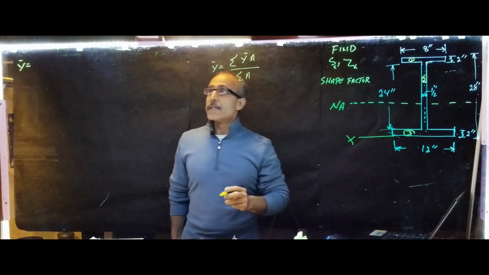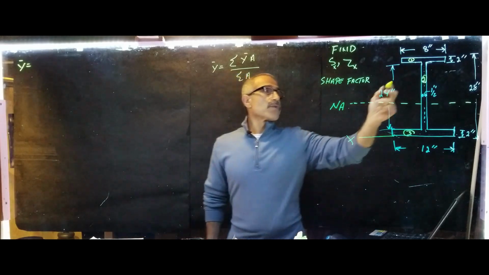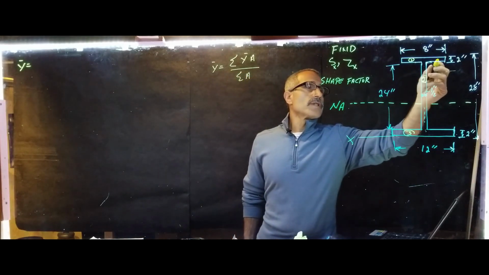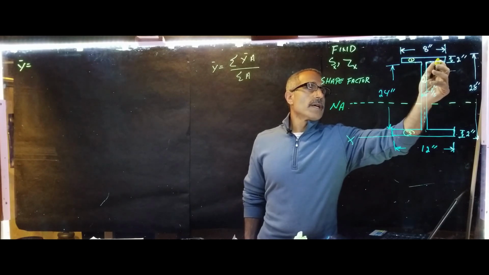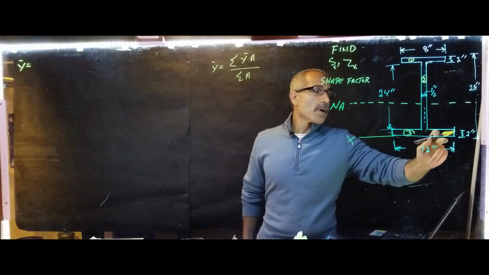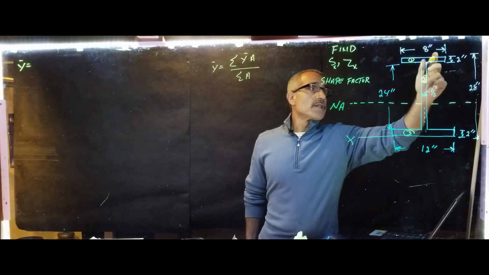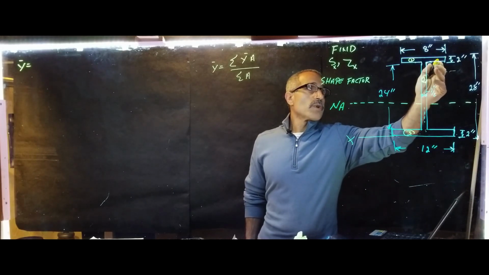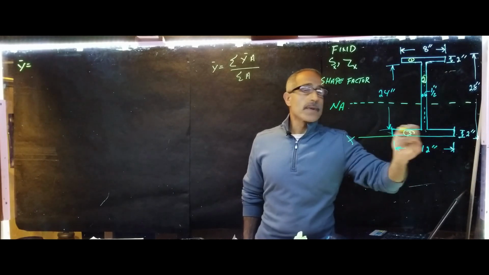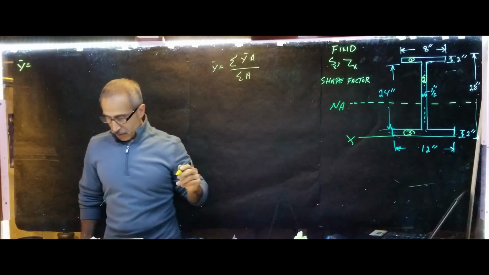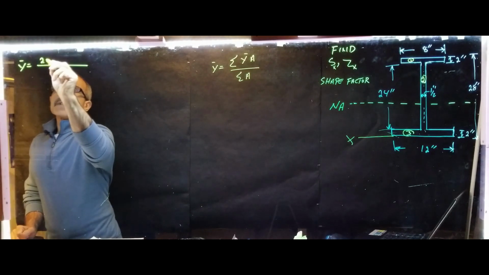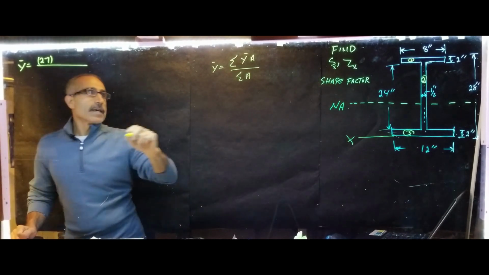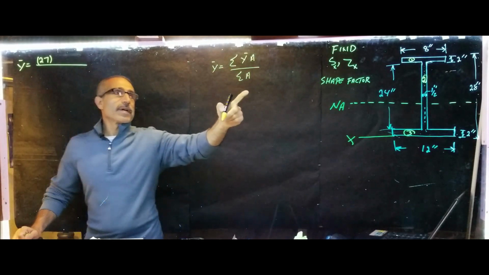Shape 1 is 2 inches thick, so its center is 1 inch from the top. From here all the way to the bottom is 28 inches, therefore the center is 27 inches up. So my y bar is 27, multiplied by the area of 1.